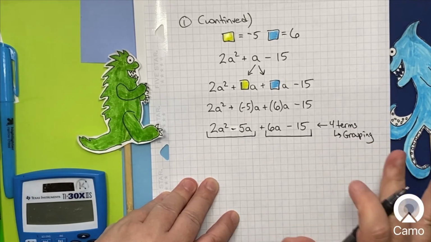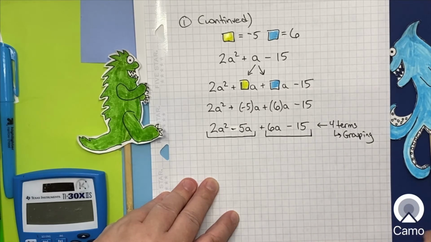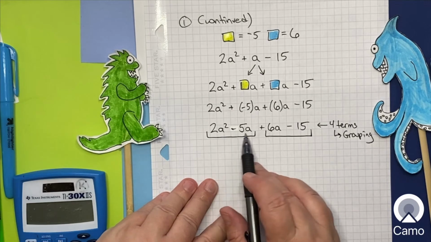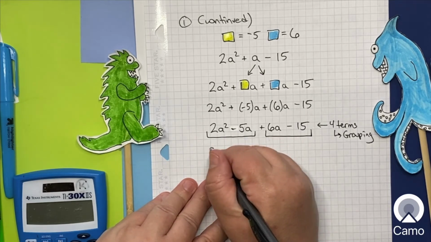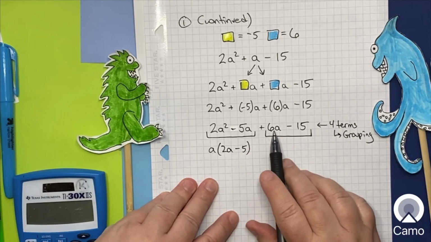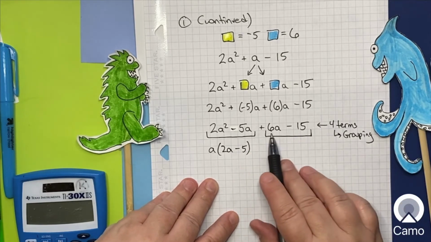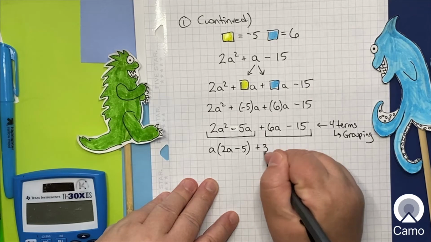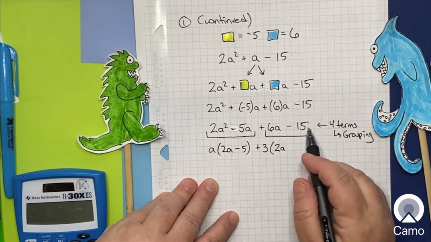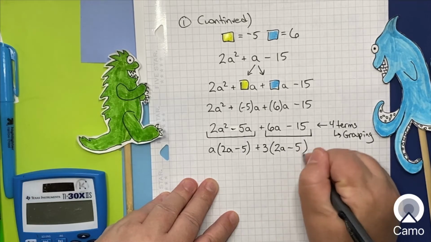This is always the same with the AC method. And then I say what's common here, and I see the common factor is an a. So it's a times 2a minus 5. And here, the common factor is actually a 3. 3 out of 6a is 2a. 3 out of -15 is minus 5.